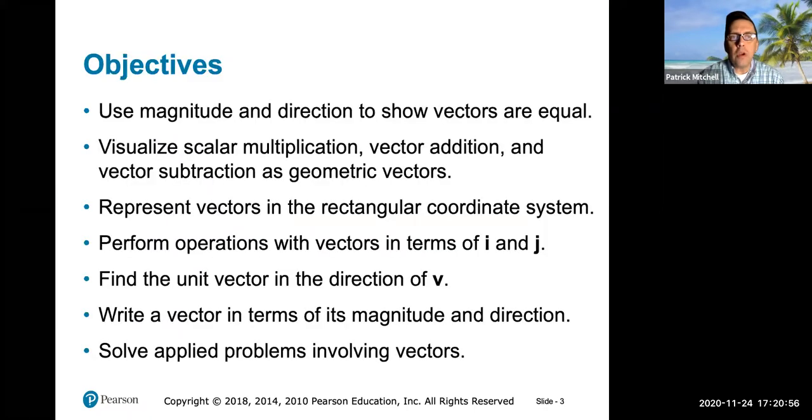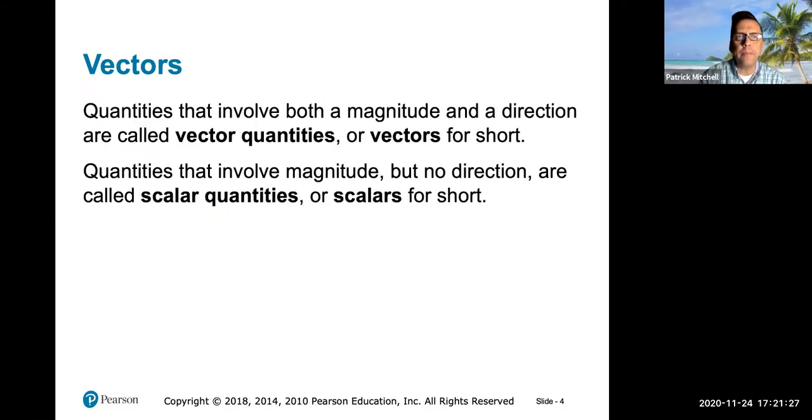In this section, we're going to look at using magnitude and direction to show vectors are equal, visualize scalar multiplication, vector addition, and vector subtraction as geometric vectors, represent vectors in the rectangular coordinate system, perform operations with vectors in terms of i and j, find the unit vector in the direction of v, write a vector in terms of its magnitude and direction, and finally solve applied problems involving vectors.